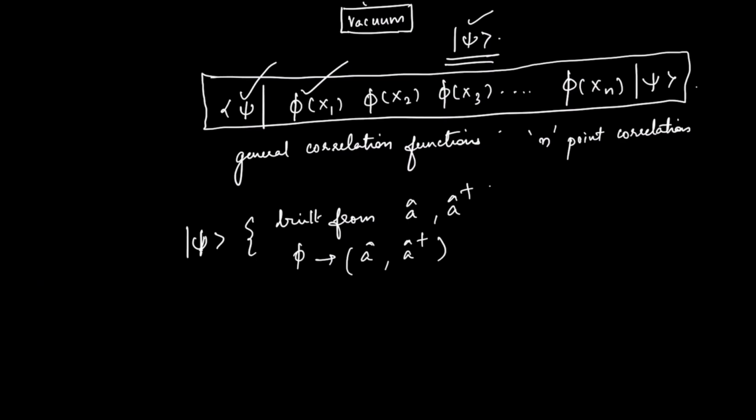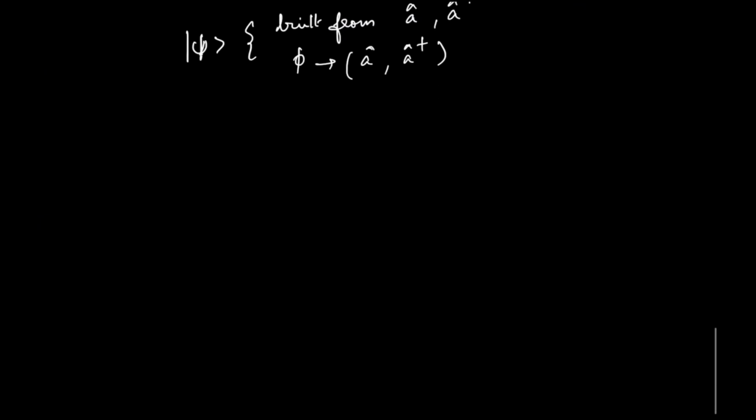If you are considering the n-point function in vacuum, then it is interesting to note that we can factorize it into a sum of products of 2-point correlation functions.